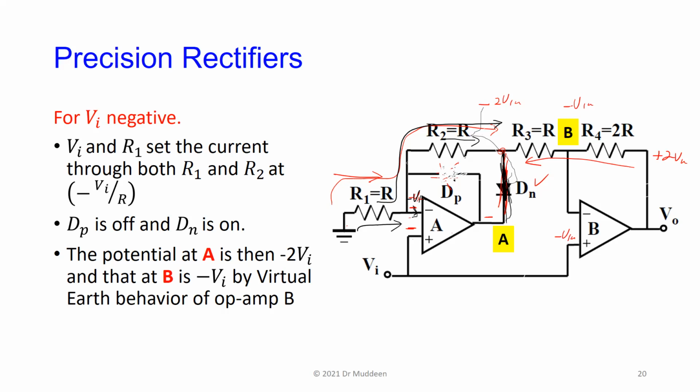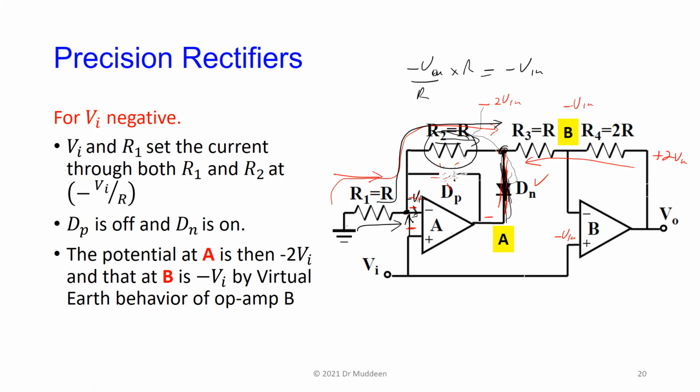If the current going through here is minus Vin over R, and I pass it through a resistor R, it means that the voltage drop across this is going to be minus Vin. So the drop across here is minus Vin, and here is minus Vin because of the virtual earth behavior, then this point here will have to be at minus 2 Vin. Yeah?